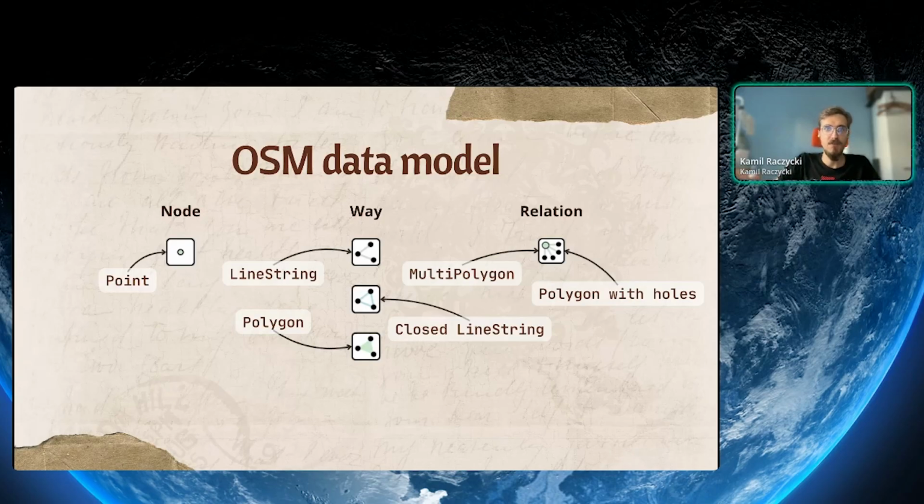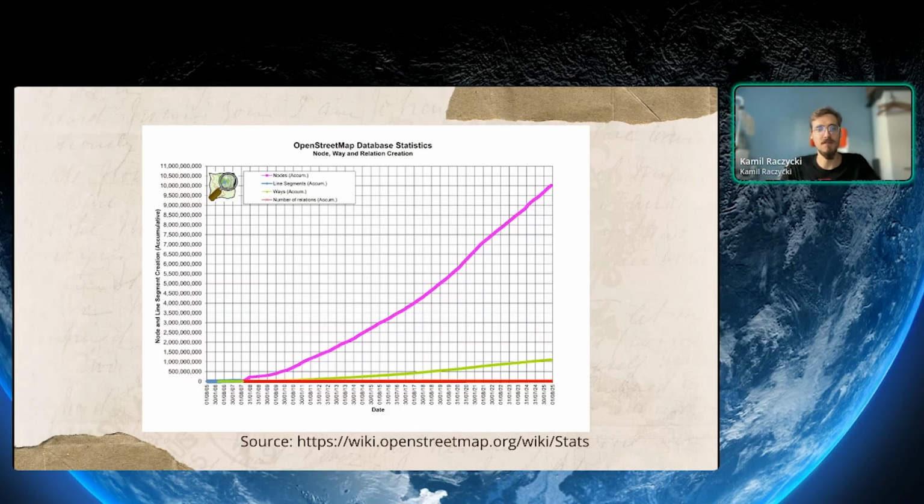And if you want to get the scale of how much data is in the OSM database, this is from current stats for the OSM database, and you can see there are almost 10 billion nodes in the database, and this curve is still growing and growing because while I know USA and Europe are really well mapped currently, there are also other parts of the world where there isn't as much coverage, and volunteers are still updating and creating more and more elements in other parts of the world.